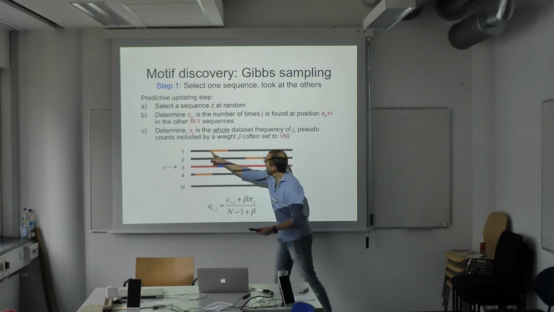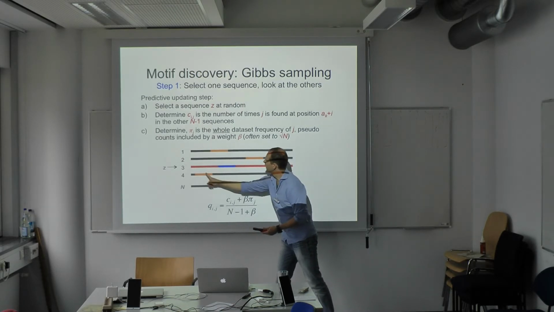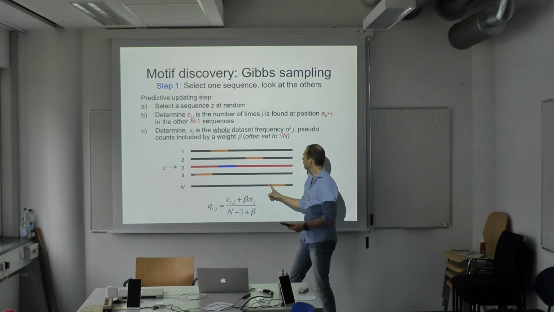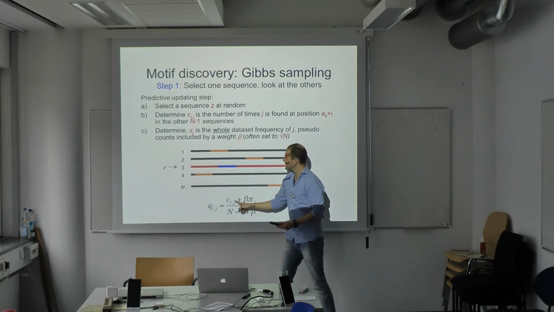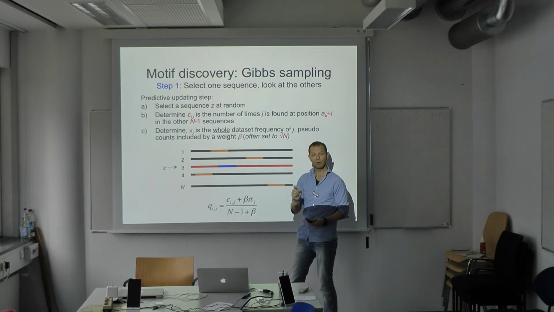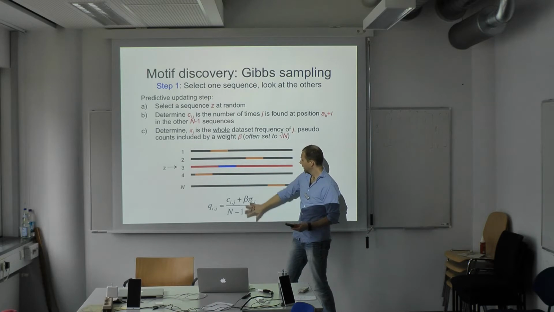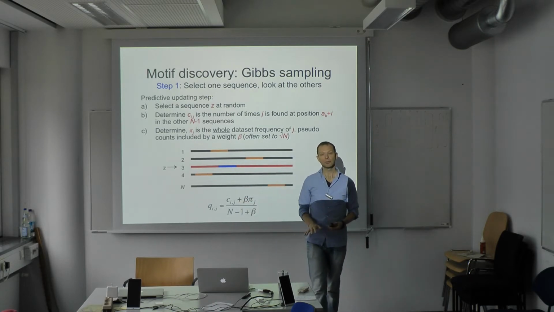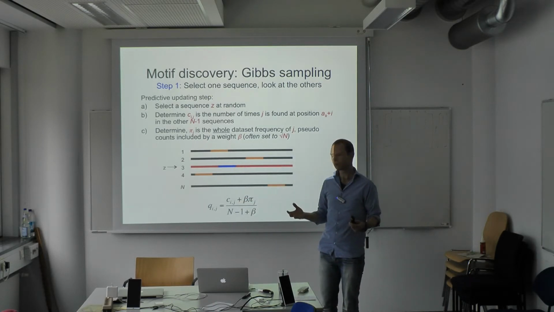So we look, say, at the first symbol that occurs in each of these positions, and we're going to be able to determine a frequency or a probability of each of the letters in that particular position. The rest here is just something that we refer to as pseudo counts.